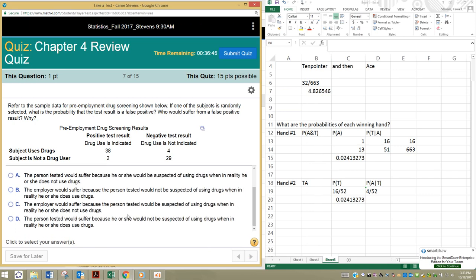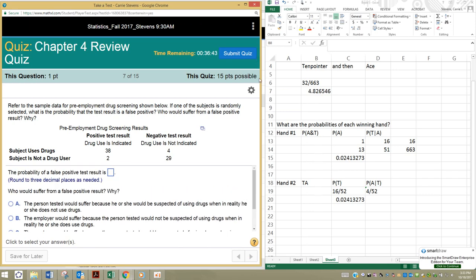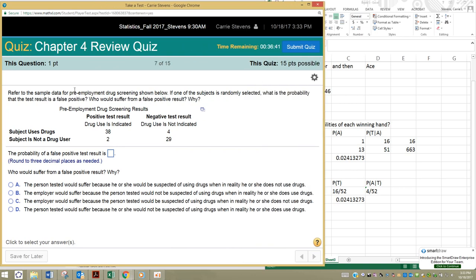All right, now I have, what is this? Refer to the sample data for pre-employment drug screening shown below. If one of the subjects is randomly selected, what is the probability that the test result is a false positive? Okay, so we are selecting one subject, right? So we're interested in picking one person out of this entire pack.